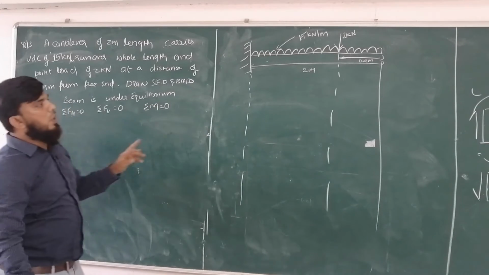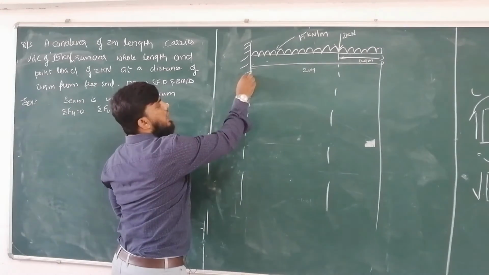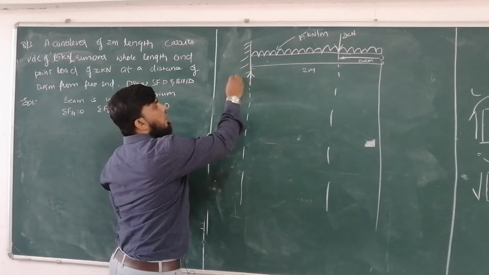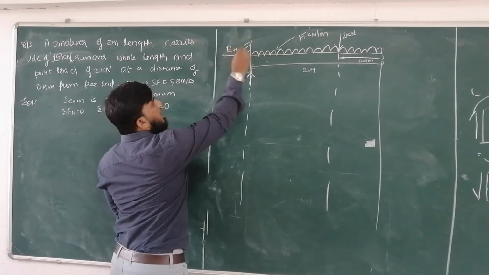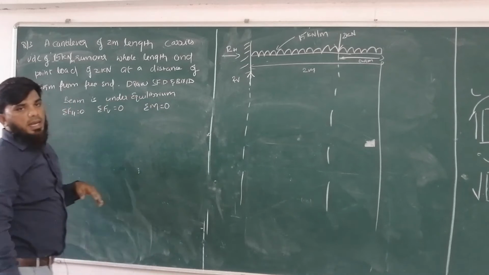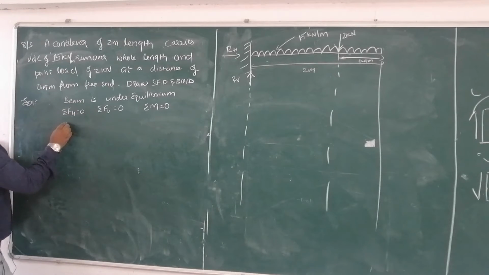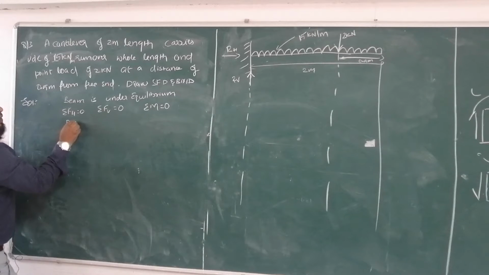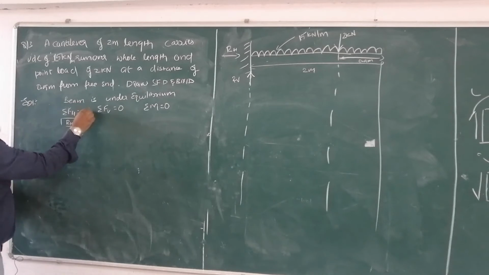Whenever a fixed beam is there, we will have two reactions at the fixed end: one vertical and one horizontal. But no load is acting in the horizontal direction, so RH will be equal to 0. This condition is solved.